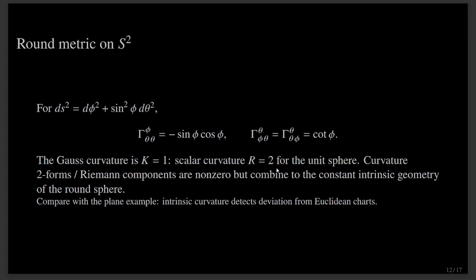So everywhere r is equal to 2 as a scalar curvature, and the Gauss curvature is 1. Curvature 2 forms and Riemannian components are non-zero, but they distinguish the sphere from the flat plane, and that's essentially everything that we're doing with our Lorentz invariant quantity.